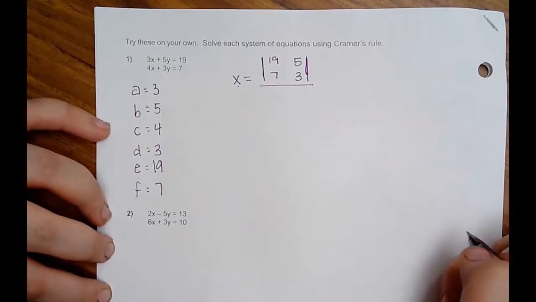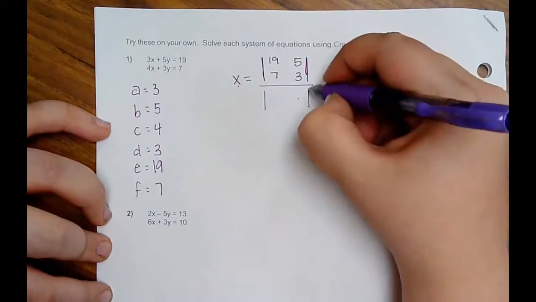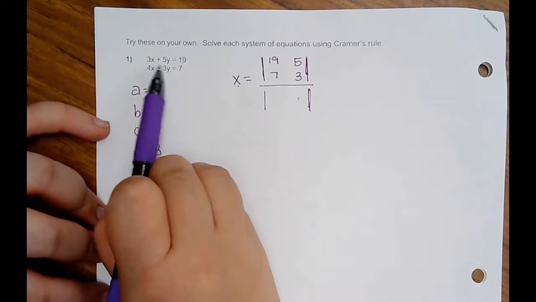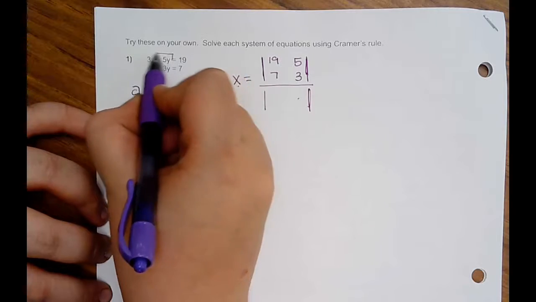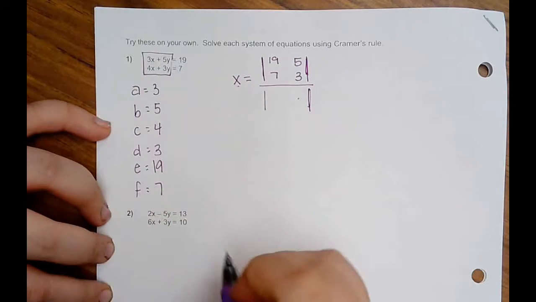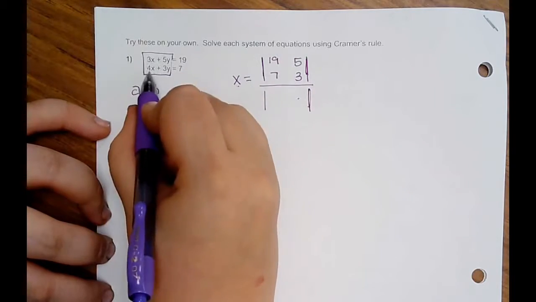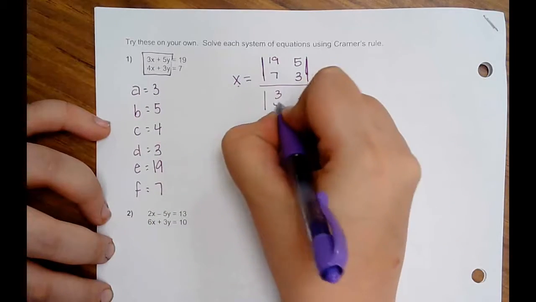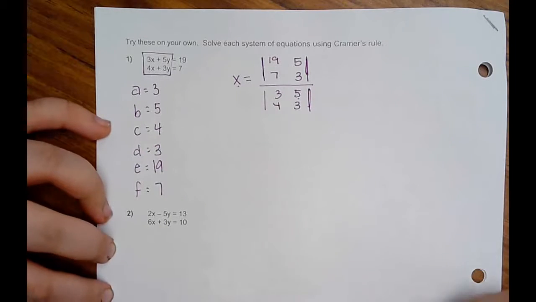A, B, C, and D, again, you can see the pattern that I see. As long as they're in standard form like this, I know that my bottom determinant is going to be the numbers in this box, just without their letters. So it's going to be 3, 4, 5, 3. And that's how I do it the faster way, so I don't have to keep memorizing the formula for the bottom box.